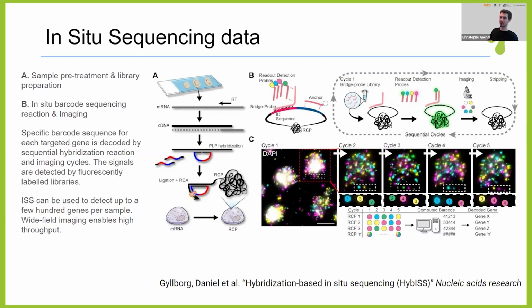So you can get for each one of your cells the information of which genes are present inside the cell. This is using fluorescence cycles and different techniques to get the different genes inside the cells. Once you have this, you can do cell segmentation and then assign to your cells the genes inside. You can find the spots in the cells.